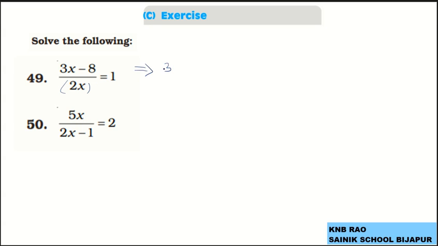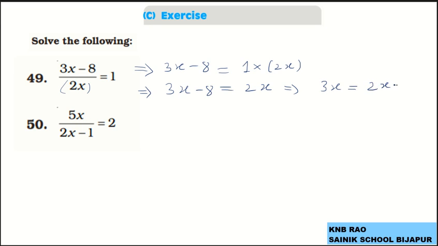So, 3x minus 8 equals 1 into 2x, where 1 into 2x gives you 2x only, that is, 3x minus 8 is 2x. And continuing, when minus 8 is transposed to the other side, it becomes an addend. So, it will be added on the right hand side, 2x plus 8.